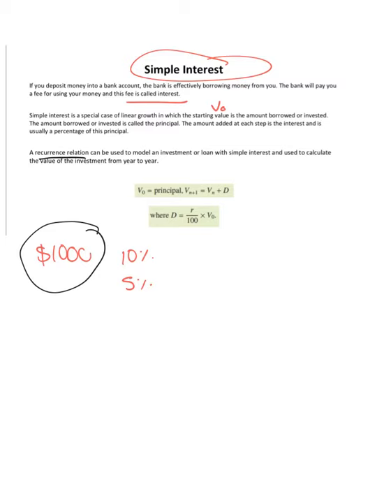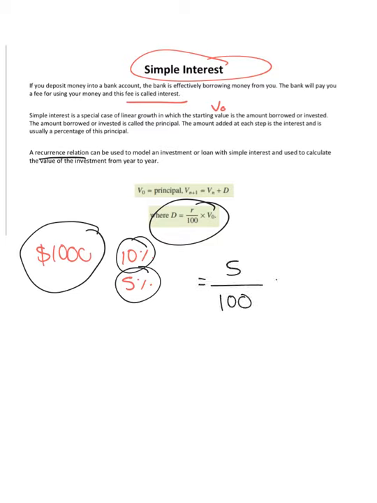And the rule is Vn+1 equals Vn, the current term, plus our difference D, where D is equal to R, the rate, so that might be 10 or 5%, so 5% divided by 100 times our initial amount, our investment, so $1,000.